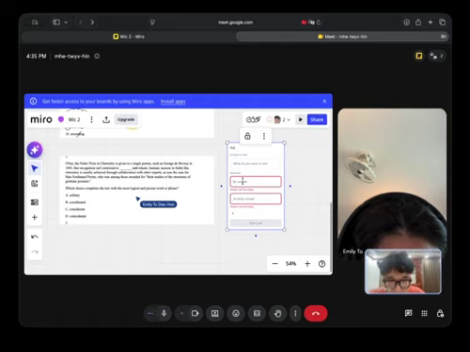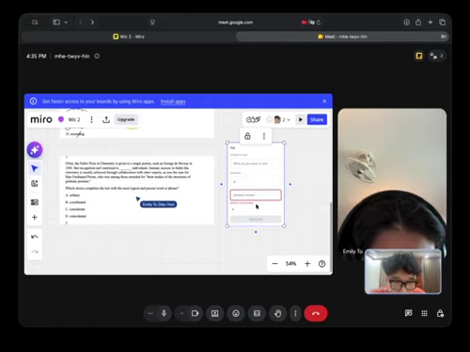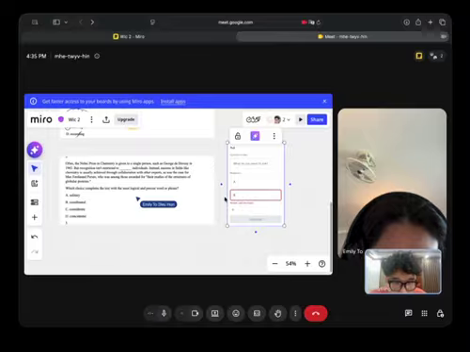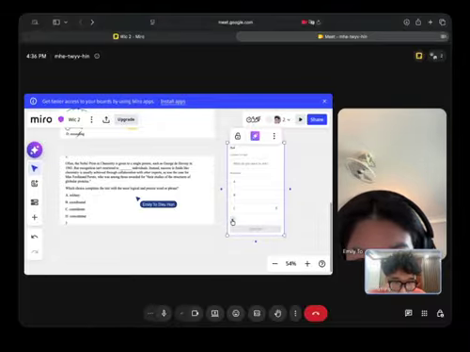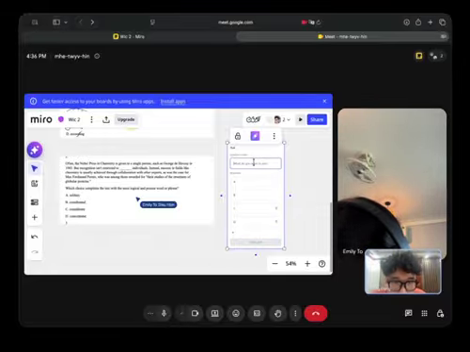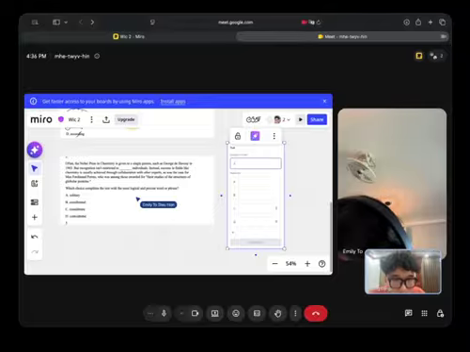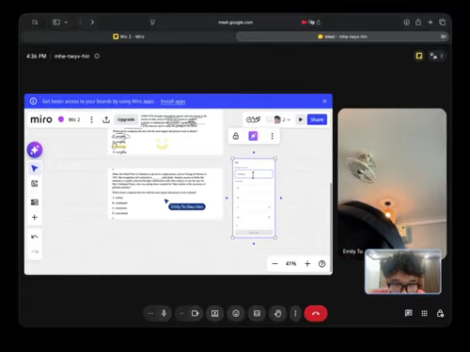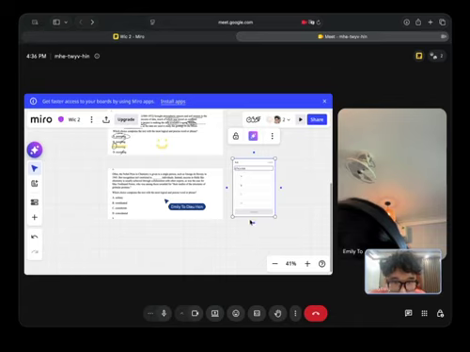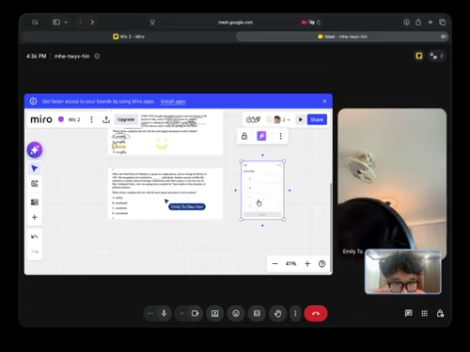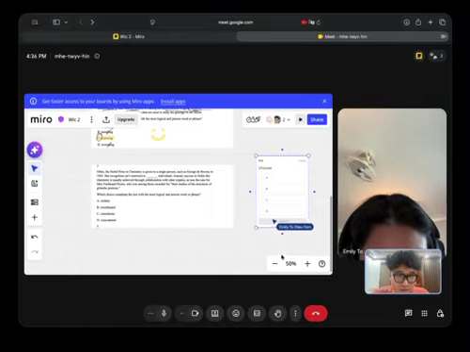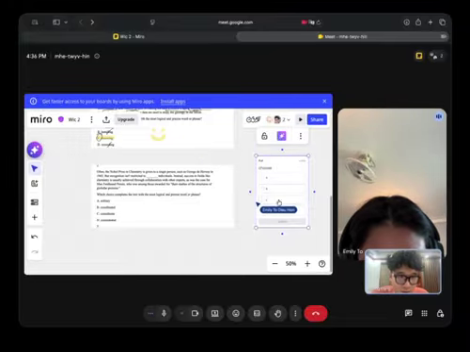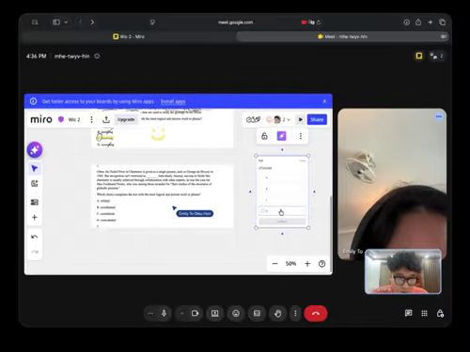A, B, C, D. Choose. Can you see the poll?